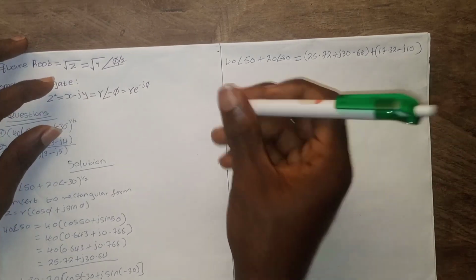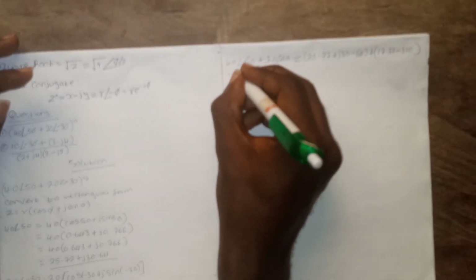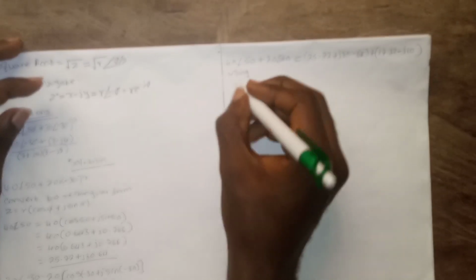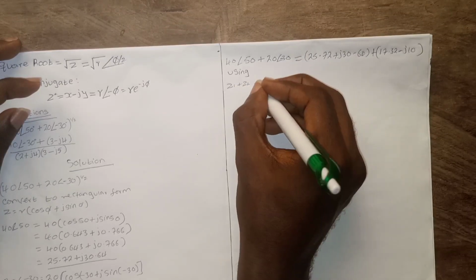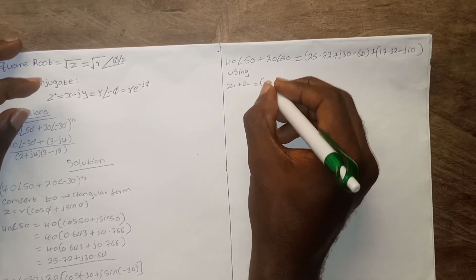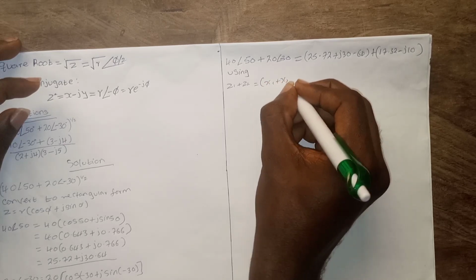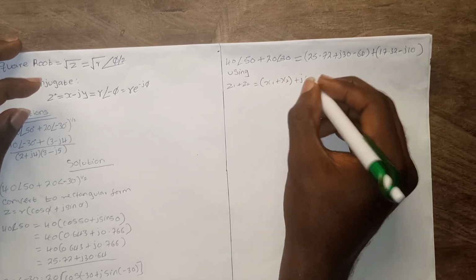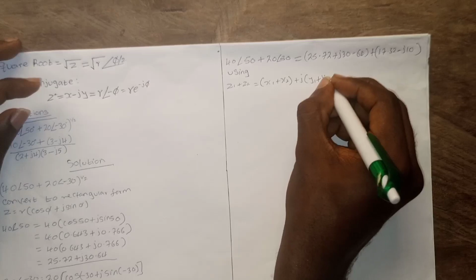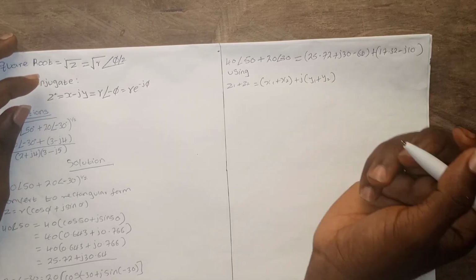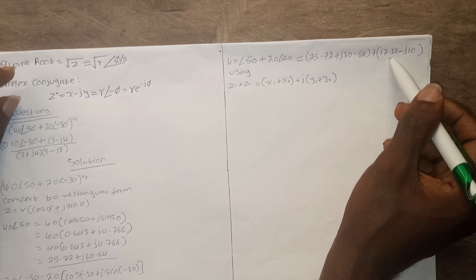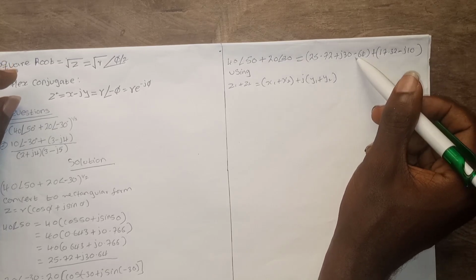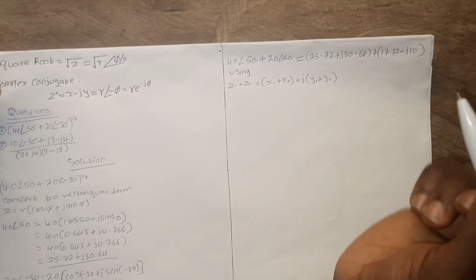So I can write z1 plus z2 equals s1 plus s2 plus j into y1 plus y2. So how we're going to do it is that we're going to add this one plus this one, then this one plus this one.